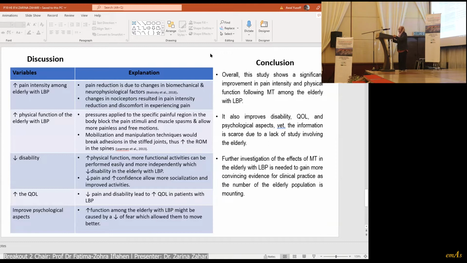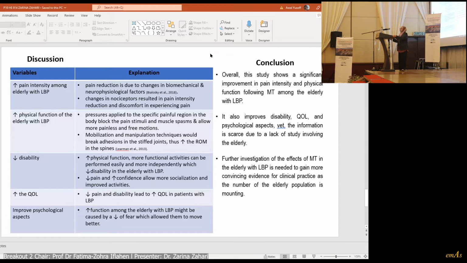The improvement of disability, or reduction in disability, could be due to increased physical function. More functional activities can be performed easily and more independently, which helps to reduce the disability in the elderly with low back pain. And the reduction of pain and also increased confidence will allow more socialization and improve activities among this group of people.